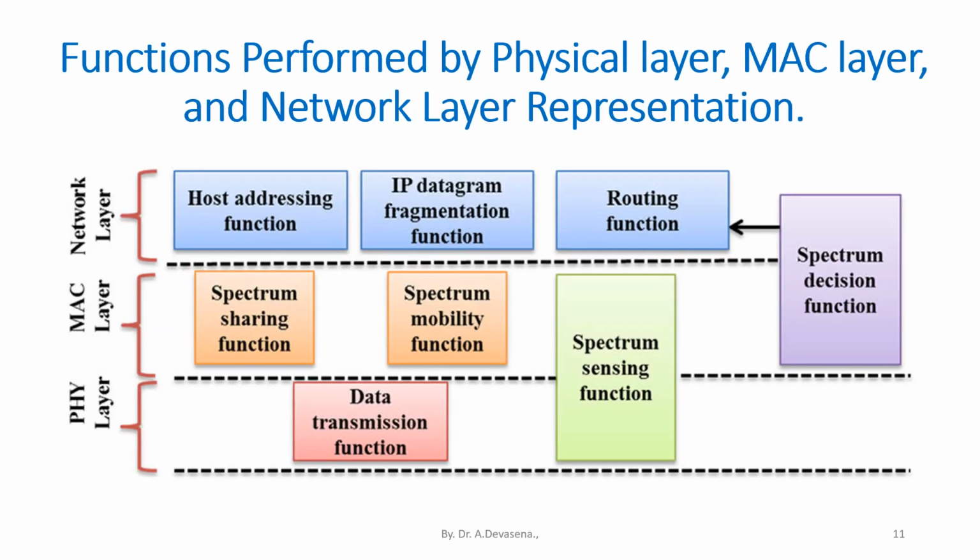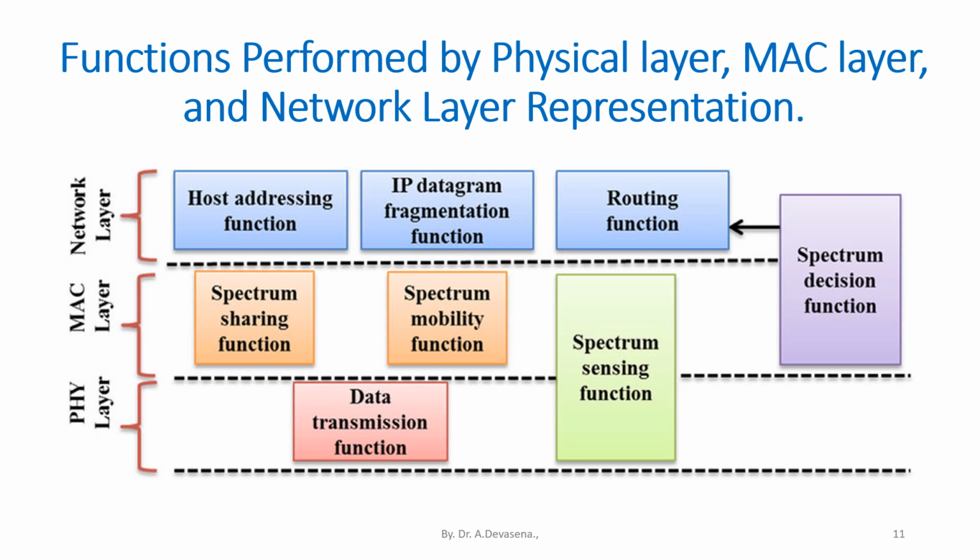Representation by physical layer, MAC layer and network layer. The data transmission function is performed by the physical layer. Spectrum sharing, spectrum mobility and spectrum sensing functions are done by the MAC layer.